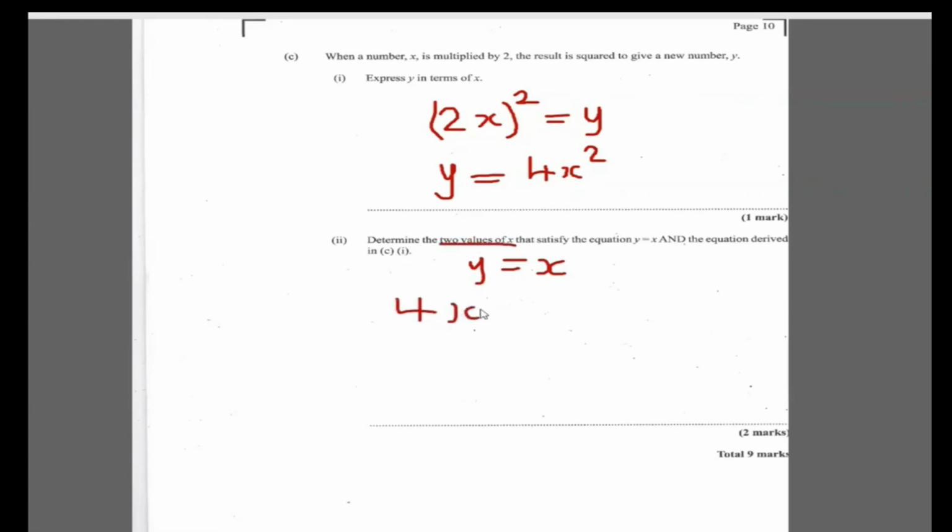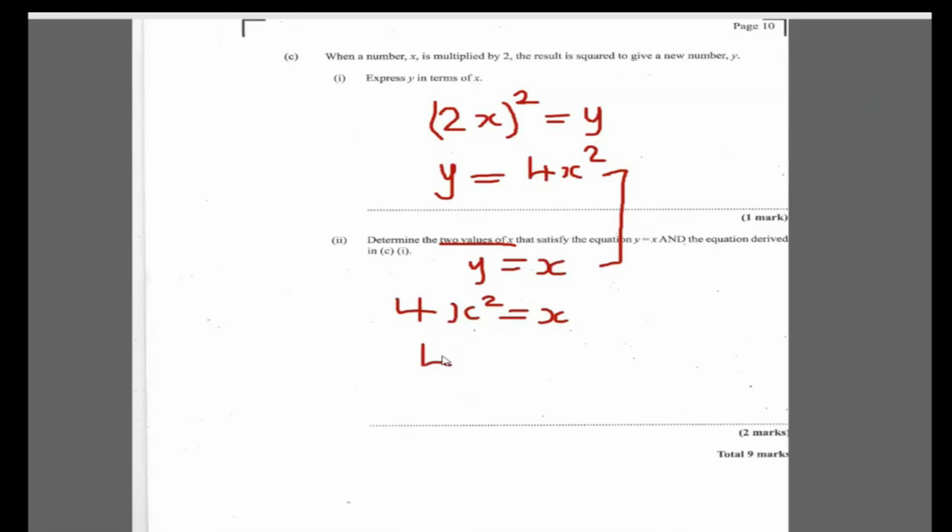So we're going to end up having 4x squared is equal to x. Now how do I know that? If y is equal to this and y is equal to this, then the two things must be equal. So x equals 4x squared.